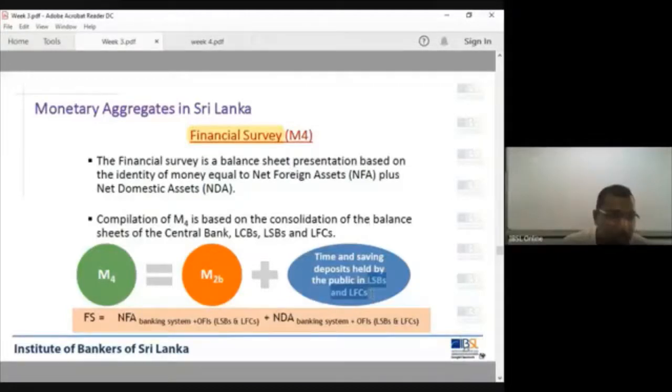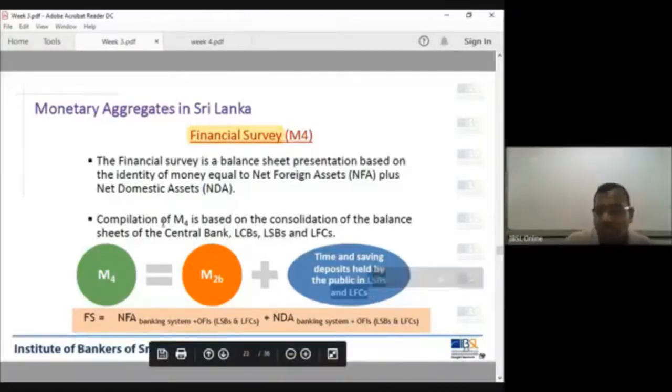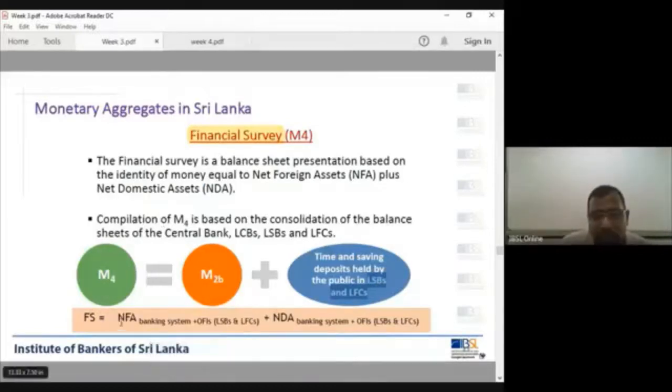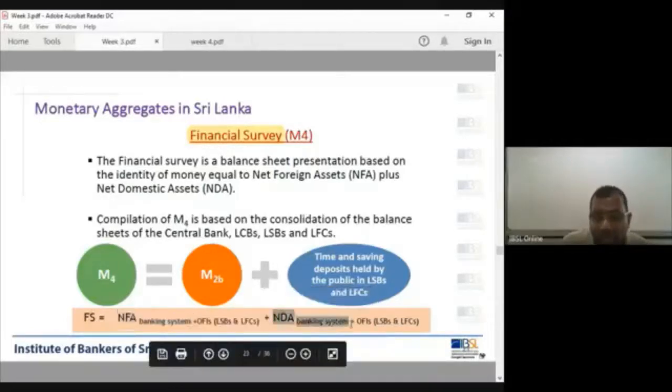And how is that money sourced? Again, like in the case of broad money, it is from the NFA of the banking system and other financial institutions like LSB and LFC, and the NDA of the banking system, which is commercial bank, central bank, and the LSB, LFC.